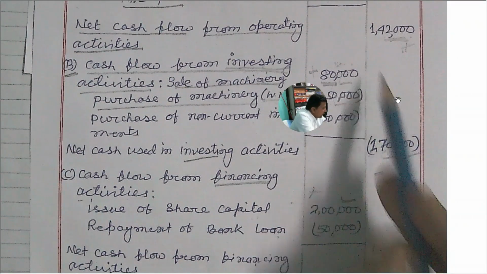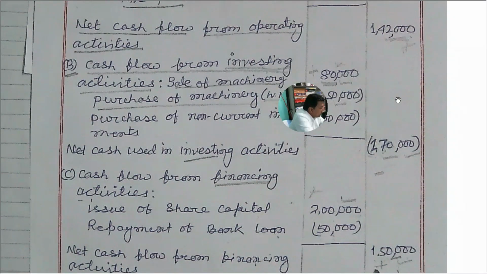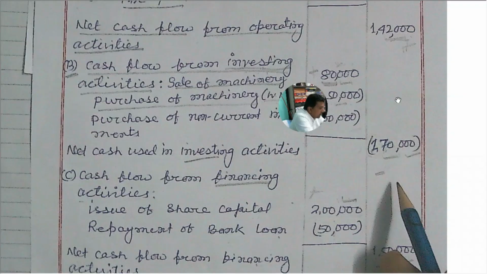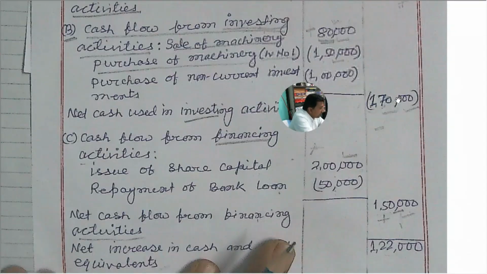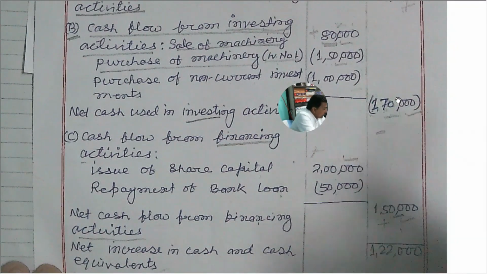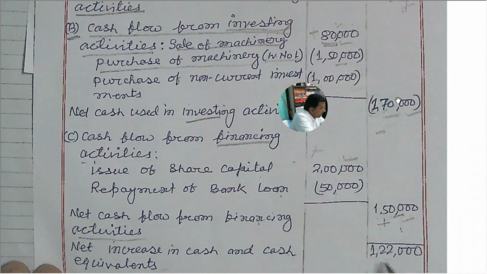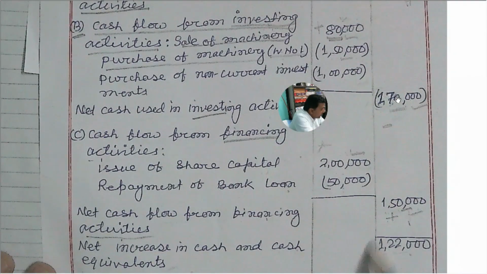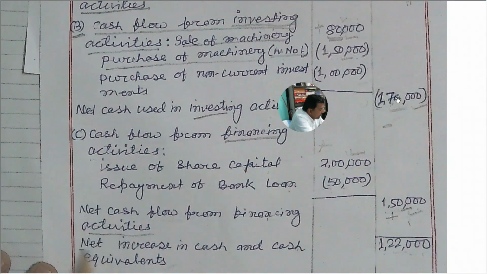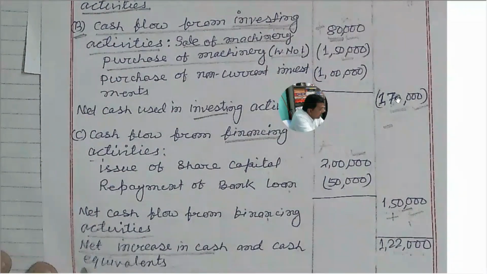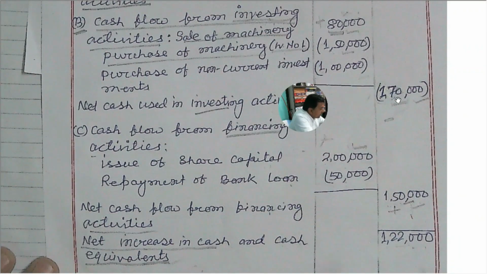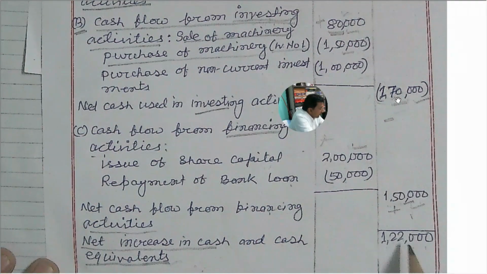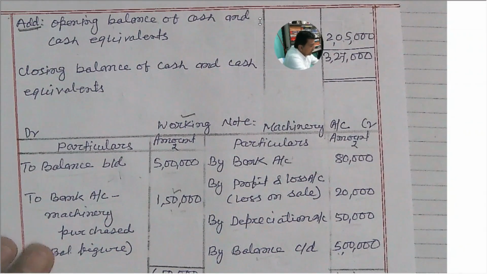So 1,42,000 plus 1,50,000 minus 1,70,000, the net balance after giving the effect of the minus figure, is 1,22,000. If it is positive, then we write net increase in cash and cash equivalent.